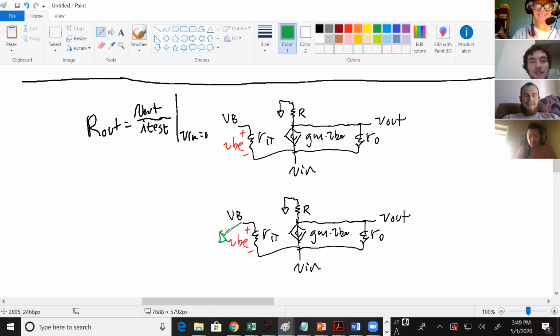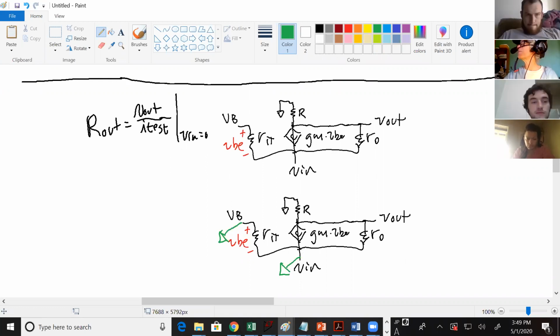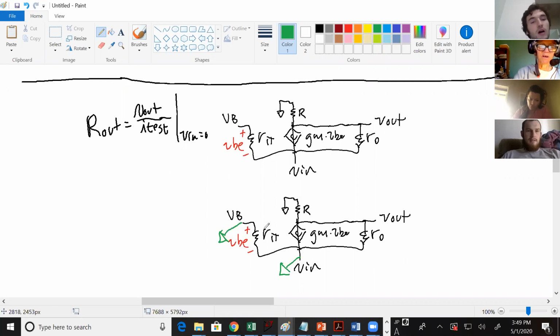Okay. All right, so VB is grounded, and then for R out, you also get to ground V in. So anything we can get rid of? R pi. And why can you get rid of R pi? 0 volts on both sides. So R pi goes away.